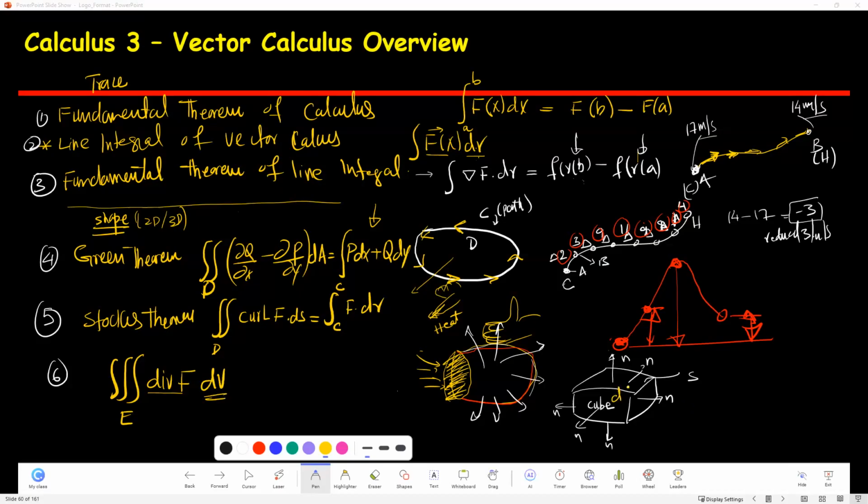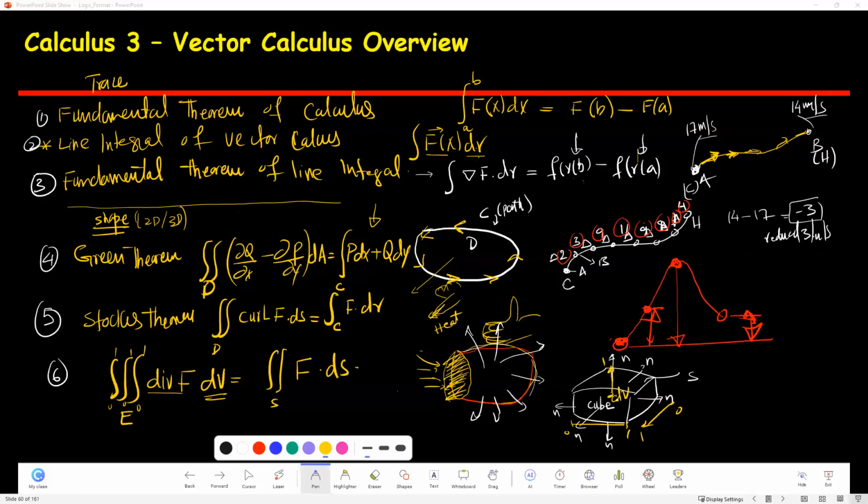D is this guy. And if this goes from 0 to 1, 0 to 1, and 0 to 1, I'm going to substitute the values here with 0 to 1, 0 to 1, 0 to 1. And that is my dV calculation of volume. And that gives me the total quantity coming out of this shape, you know.